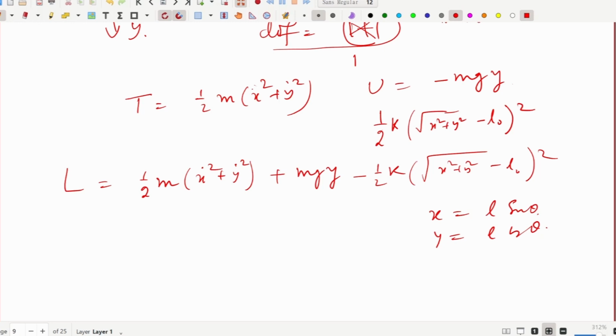Okay, so I ask you to complete this problem, because it is a simple problem, and also find the equation of motion.